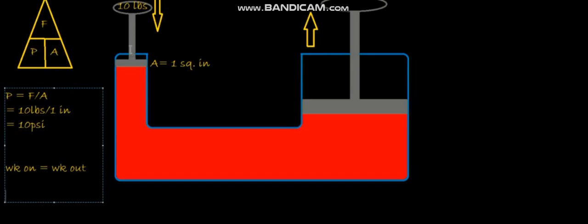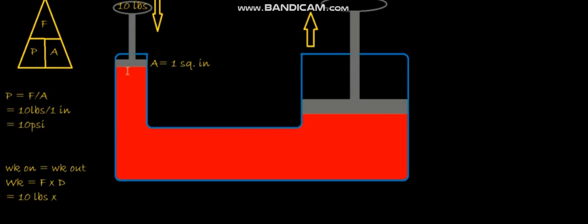Okay. Well, what in fact is the work here? We know that the formula for work, and you should have done things similar to this in theory 1, is force acting over a distance, right? So force times distance. And in this particular case, our force we know is 10 pounds. And the distance, I haven't put the distance in here, the distance is the stroke.